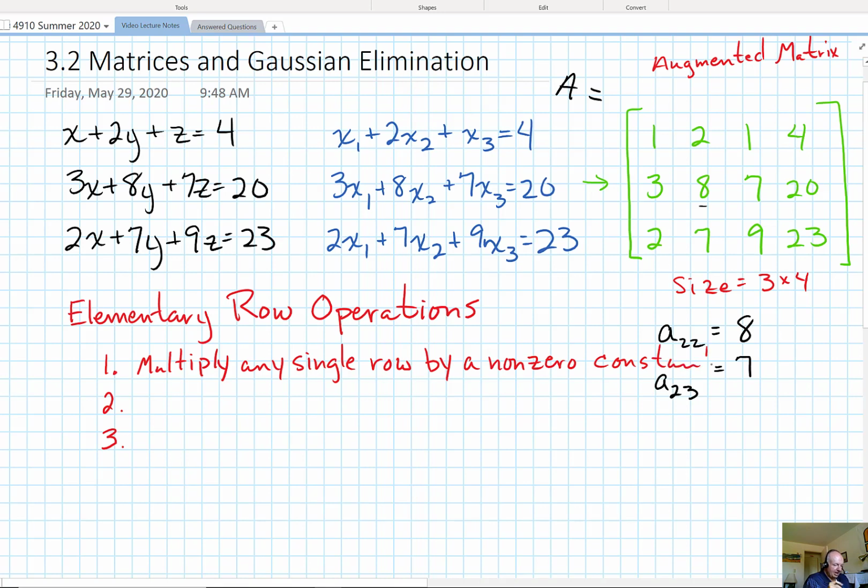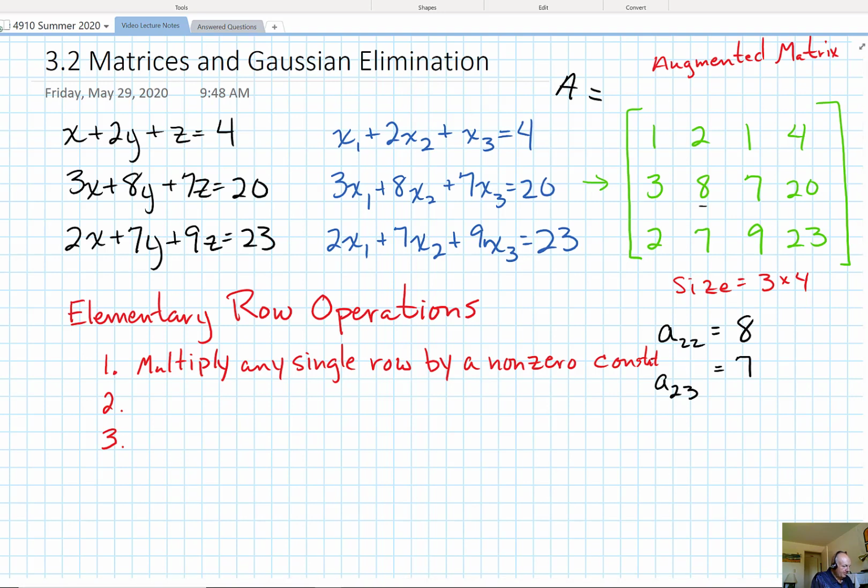And that doesn't change the solutions. That gives us an equivalent matrix. We ran out of room there. We'll squeeze it in there. Okay, so you can do that. We can multiply any single row by anything we want.